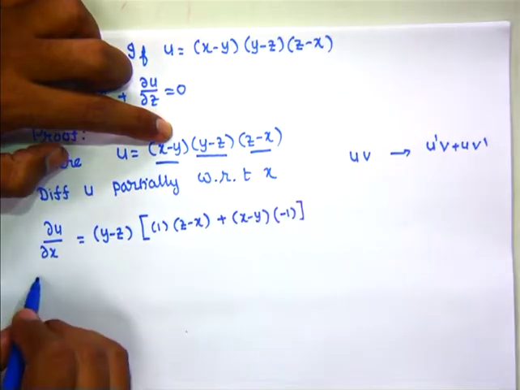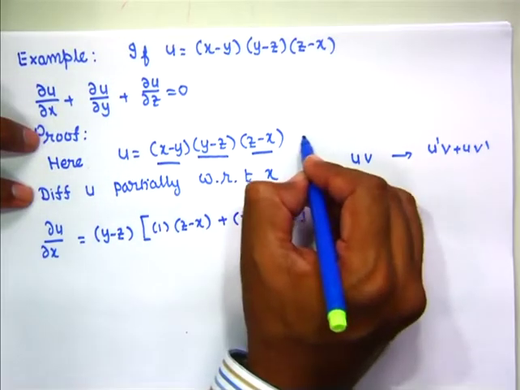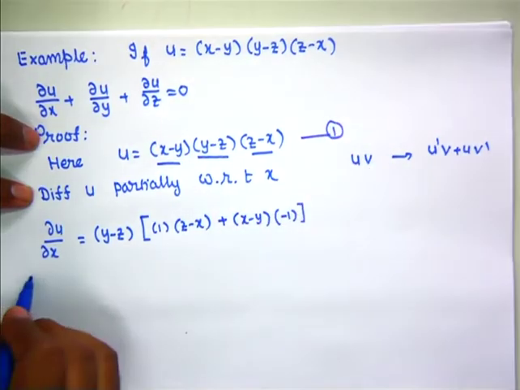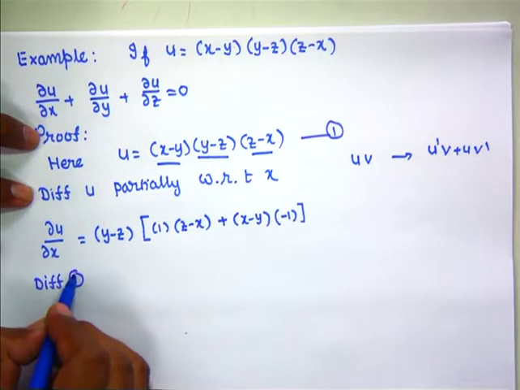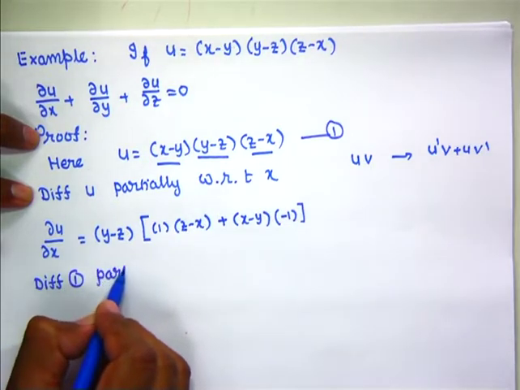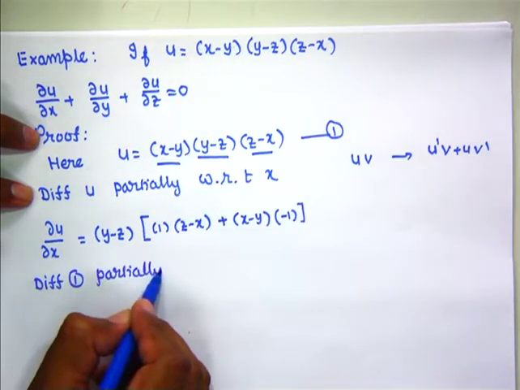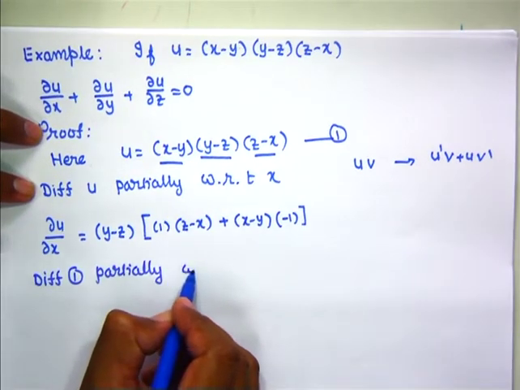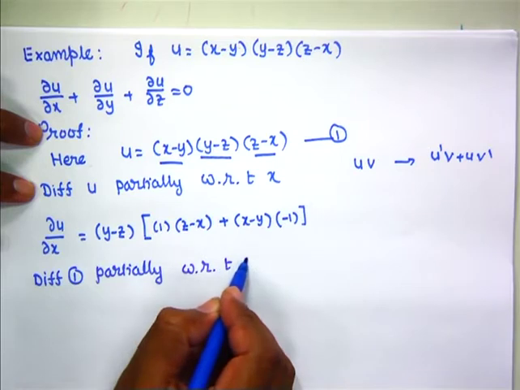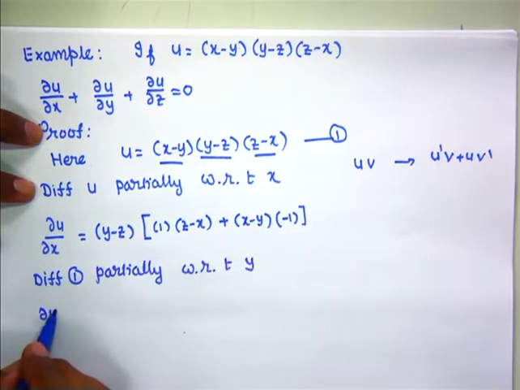Okay, suppose this is result number 1. Then again we differentiate partially with respect to y, so del u by del y.